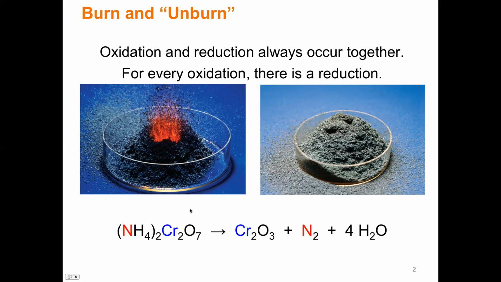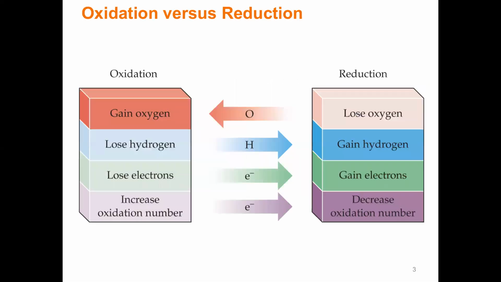So let's look at how you can tell. So there's these 4 ideas, and they're related, and it really all comes down to this one that's in green: the loss of electrons and gain of electrons, all right? But you can see this manifestation of loss or gain of electrons through these other ideas here, okay?